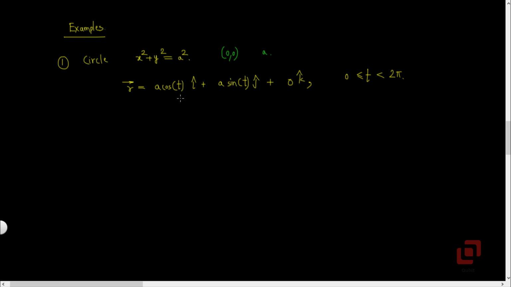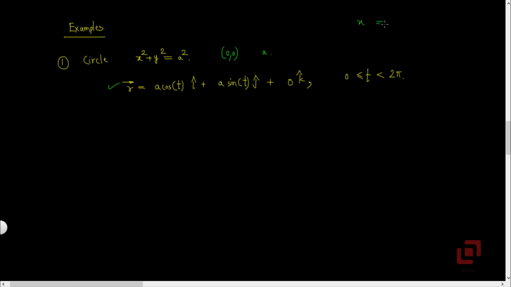We now introduce the parameter t in such a way that the equation of the circle becomes r bar equal to a cos t i cap plus a sin t j cap plus 0 k cap, where t is greater than or equal to 0 and less than 2 pi. It is not very difficult to check that this particular equation here indeed represents the circle x squared plus y squared equal to a squared.